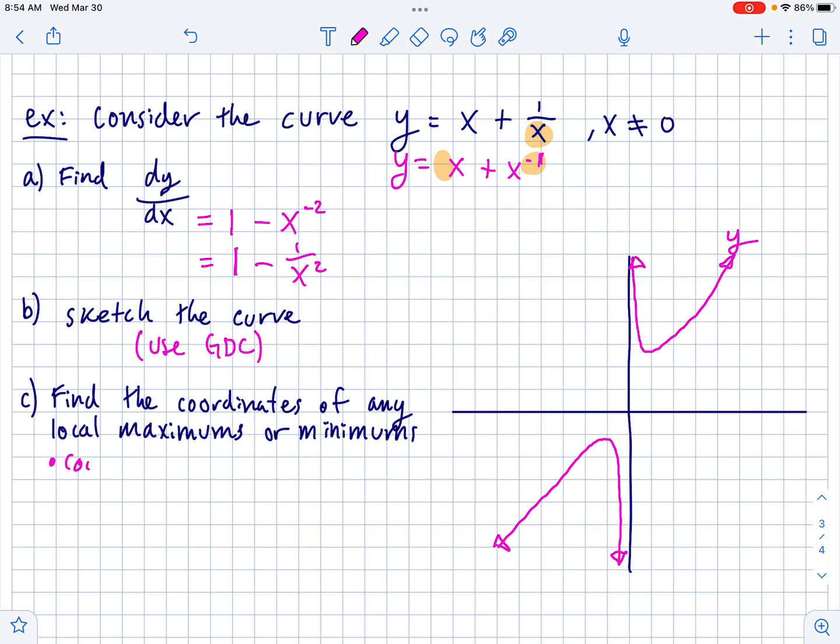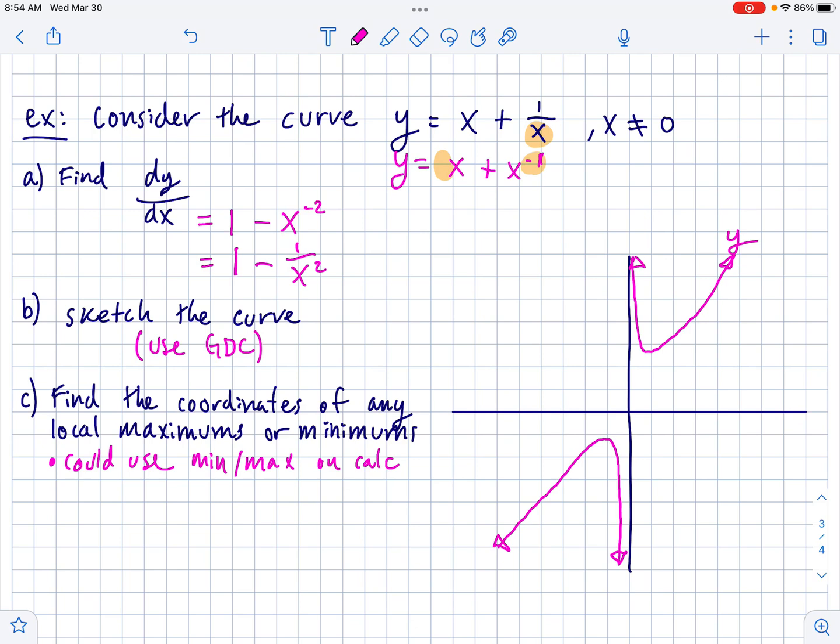Now it says find the coordinates of any local minimums or maximums. You could use a feature on your calculator if you go to the calculate menu called minimum or maximum. And I'll try to post a different YouTube video that shows you how to find those easily.